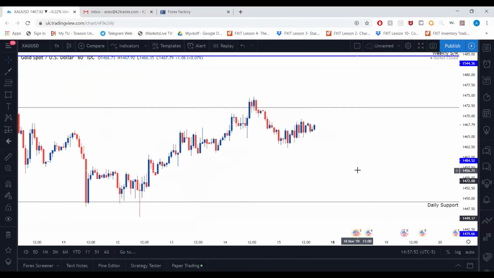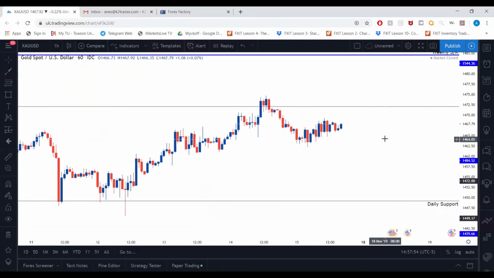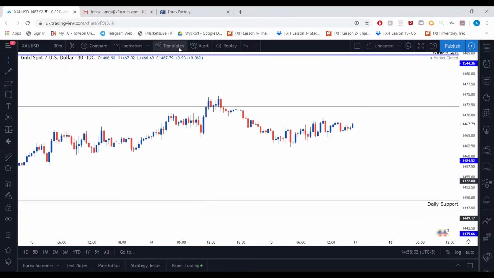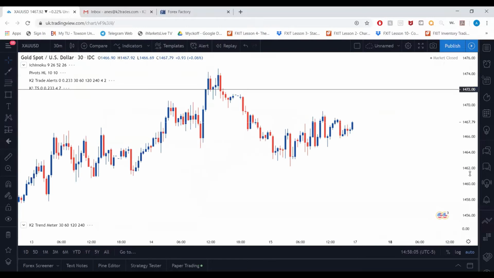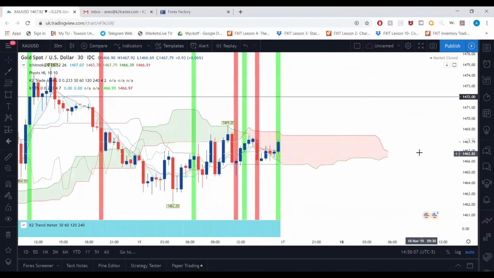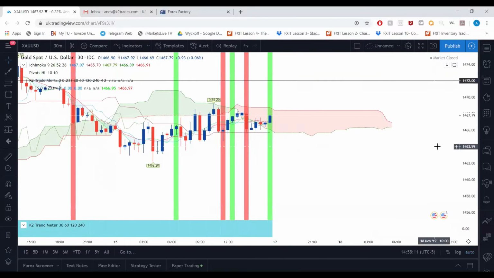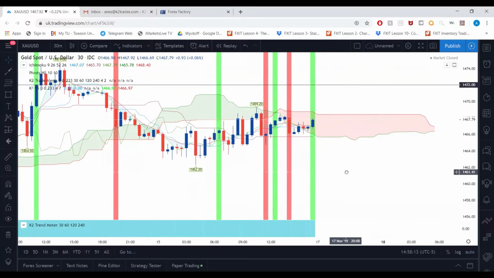Right now on a smaller time frame, it's pretty much consolidation and going sideways. And again, if you have K2, you see, it's really a signal to not do anything with it, because the trend is indecisive.